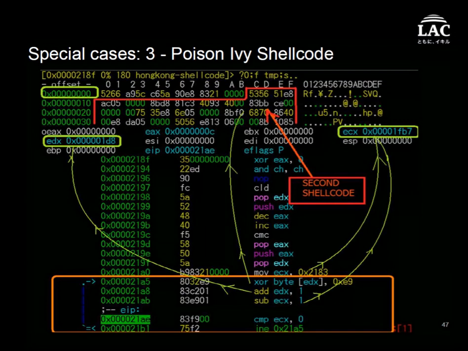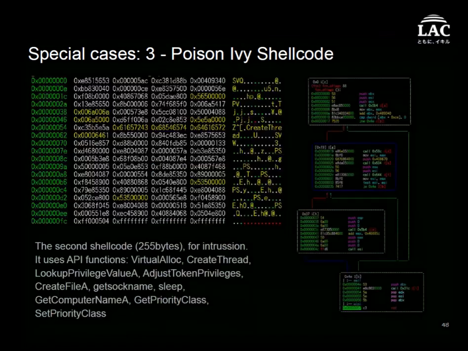Poison Ivy has two kinds of exploit code. One is based on Parsploit, and the second shellcode will be executed after the payload of Poison Ivy is installed, and this is one of them, and it has many kinds of originality and variations.